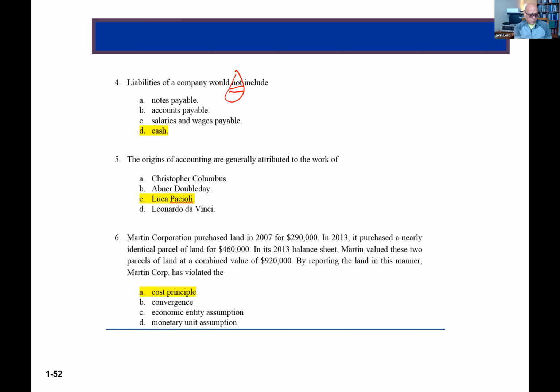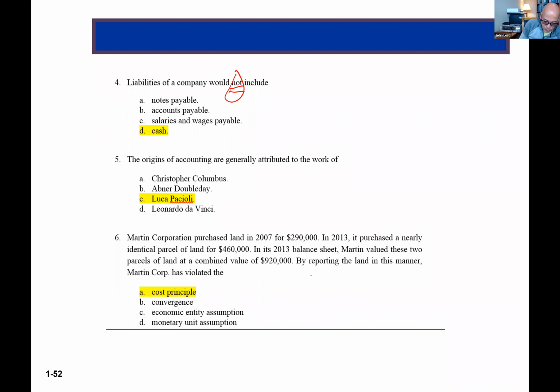Okay, now Martin Corporation, number 6. Martin Corporation purchased land in 2007 for $290,000. In 2013, they purchased a nearly identical parcel of land for $460,000. In the 2013 balance sheet, Martin valued these two lands at a combined value of $920,000.